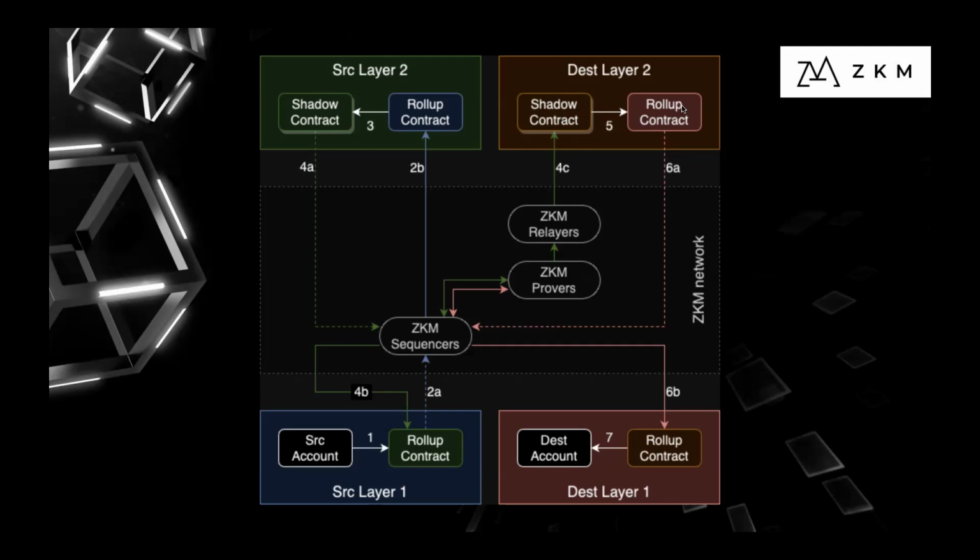And then from there, the transaction can be sent to the destination chain's layer 1 rollup contract. So over here on this 6th step, some result, like an asset transfer, for example, would occur on the destination L1 account over here. So that's an example of the interactions in that entangled rollup network for a transaction.